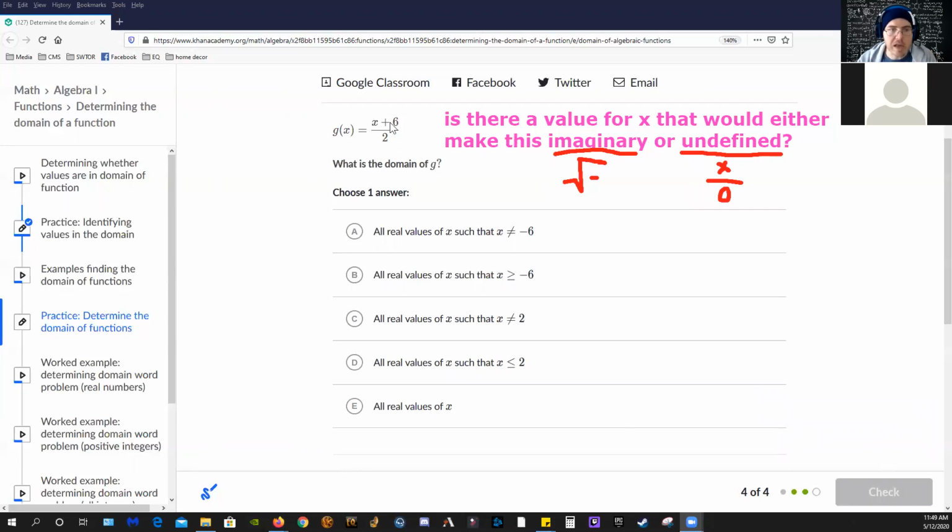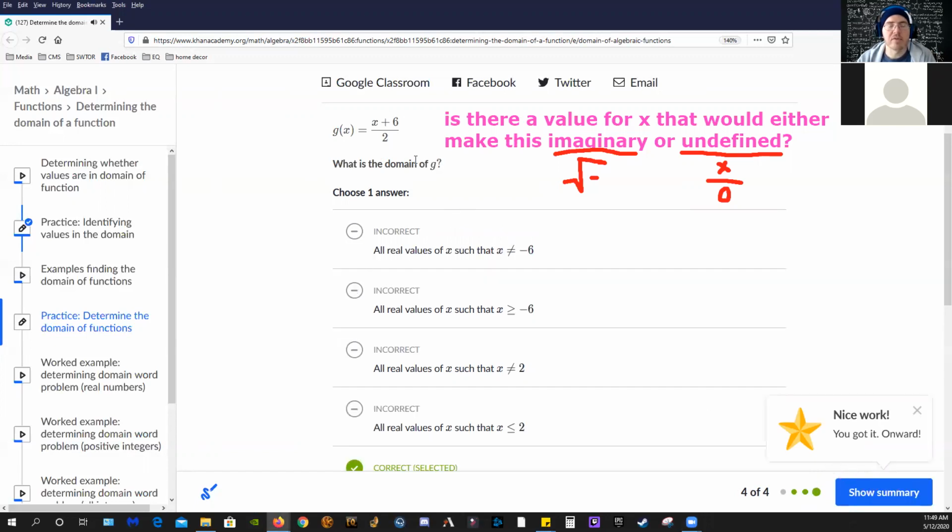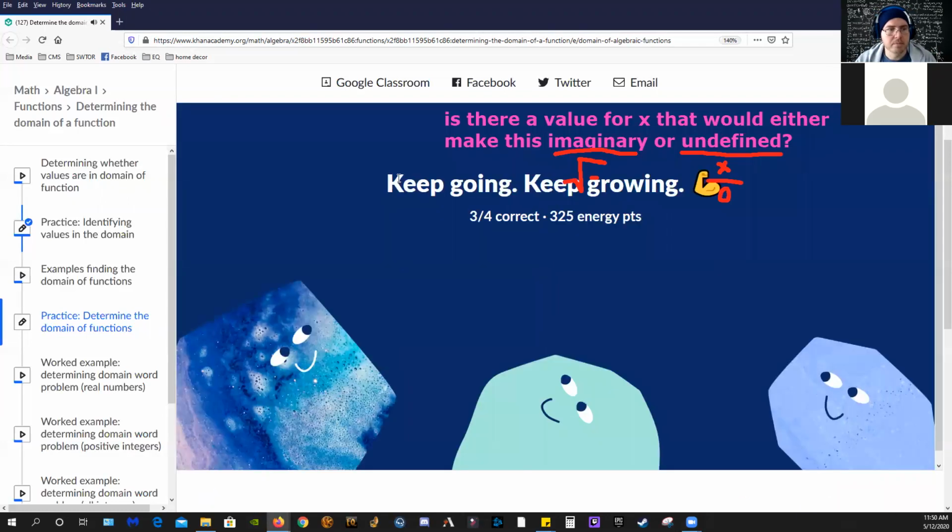No, because even if you put in a -6, you just have 0 divided by 2. And 0 divided by 2 is fine. The answer is just 0. So no, this is going to be all values are fine. There is not a single value I can put in for x there that would make that an undefined fraction. Okay. Finish that one.